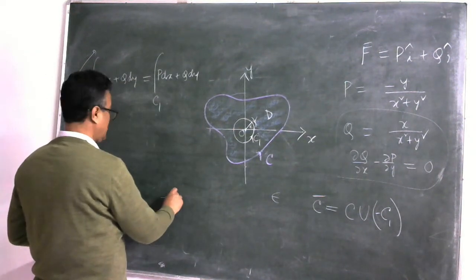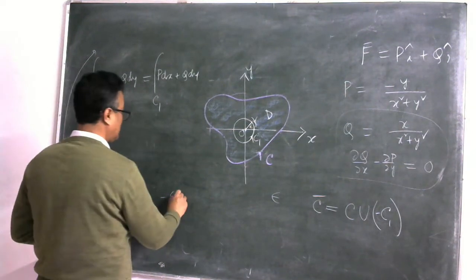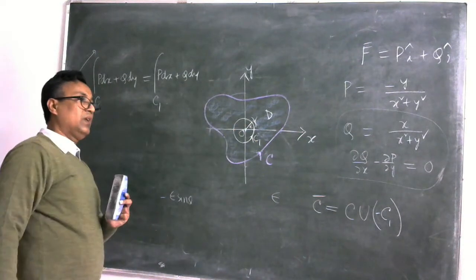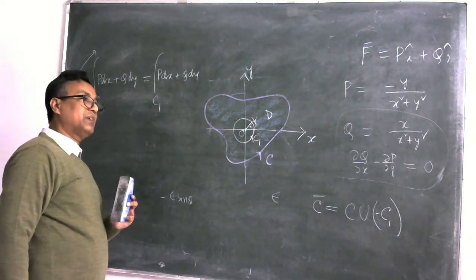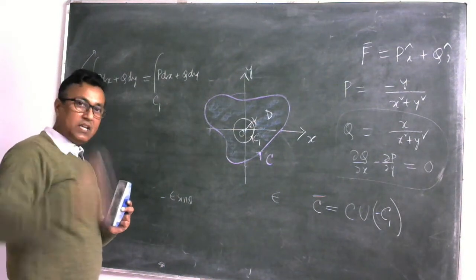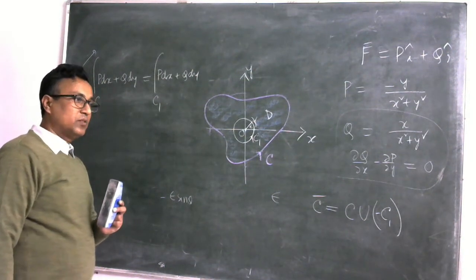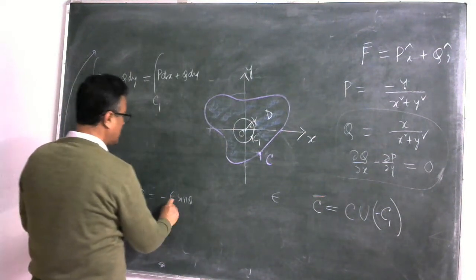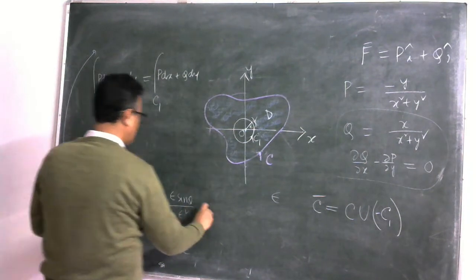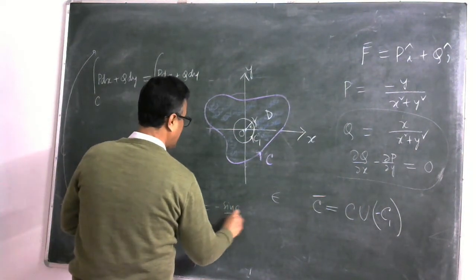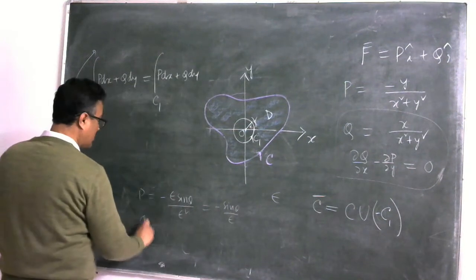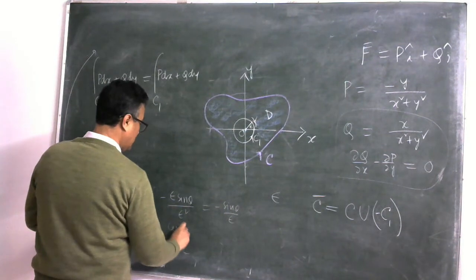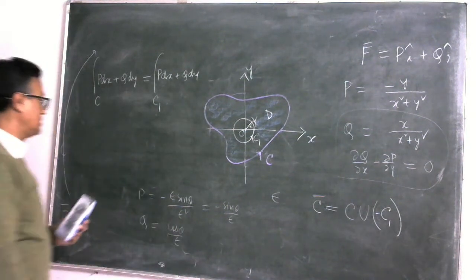If I want to parameterize the circle C, your P is going to be minus epsilon sine theta divided by epsilon squared, so this is minus sine theta by epsilon, and your Q is similarly going to be cos theta by epsilon. Am I correct?